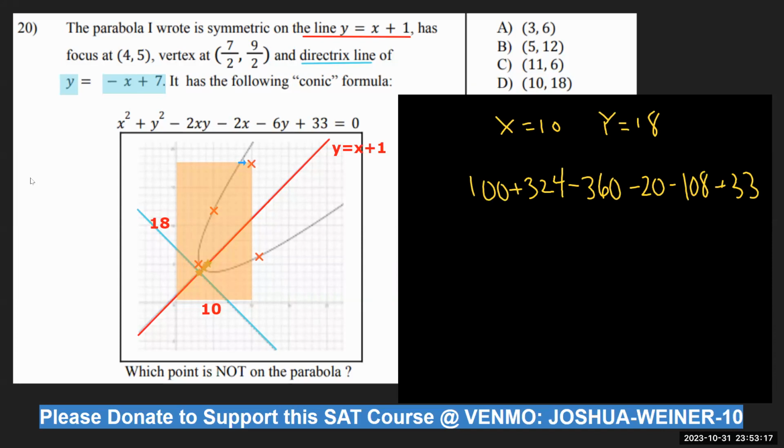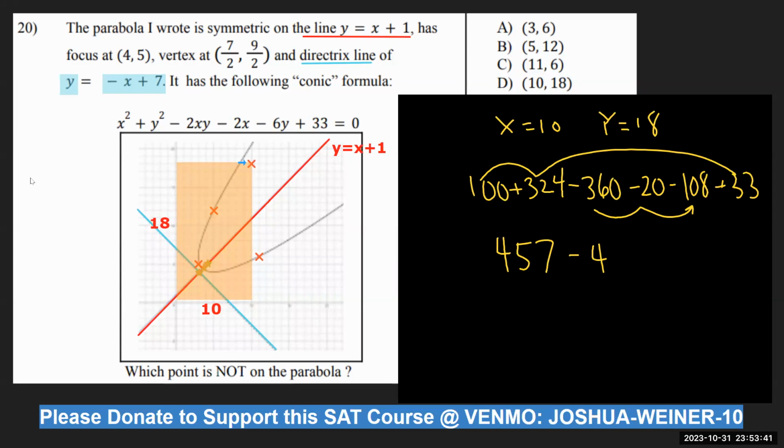If I put the positives together, we get 457. And then if I put the negatives together, we're subtracting 488.